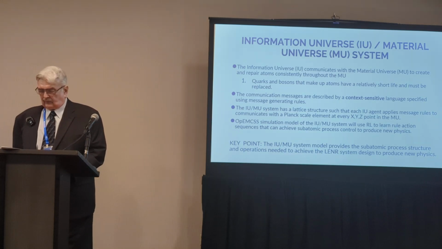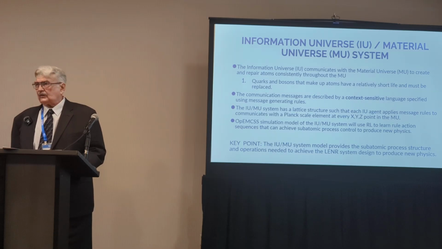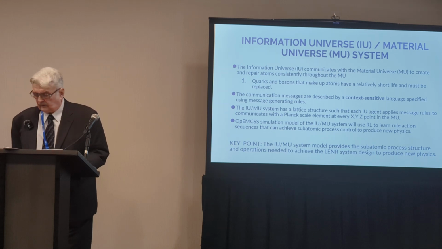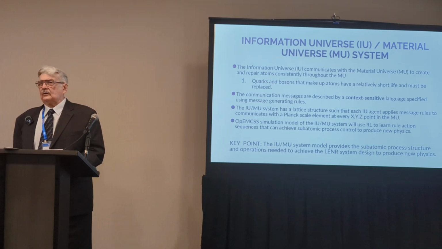Okay, the information universe, the IUMU system. We've worked out this model, and the mission of this system is to regulate the material universe, to fix disturbances, to lower entropy. In other words, we would like to do this in an orderly way.